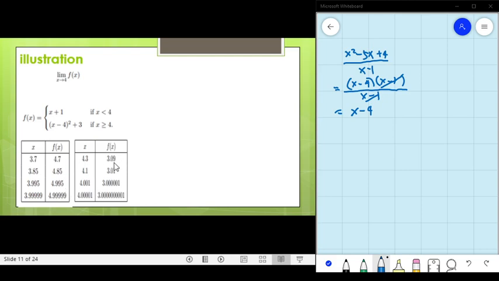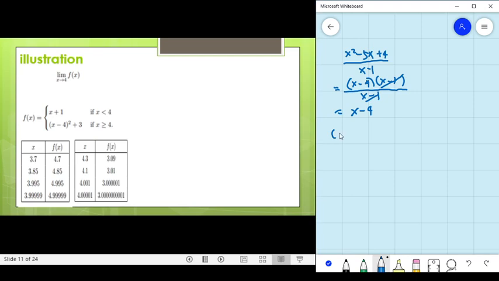From the right of 4, substitute. So you substitute x here. So we have 4.3. Your value of f of x is 3.09 because it should be 4.3 minus 4 squared plus 3.